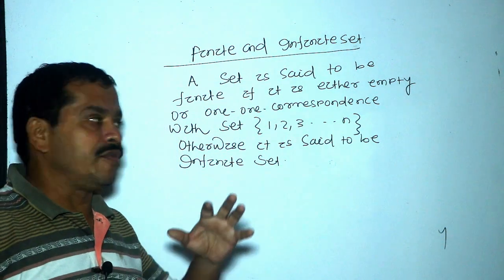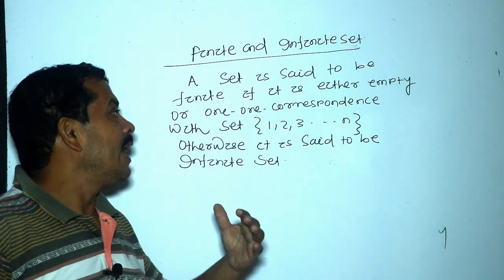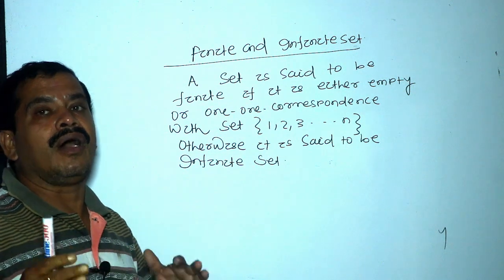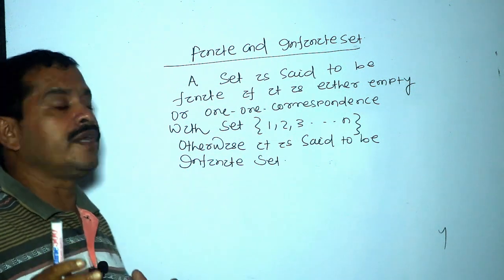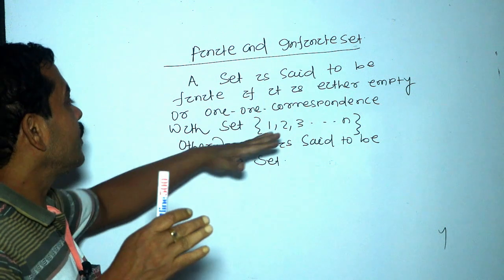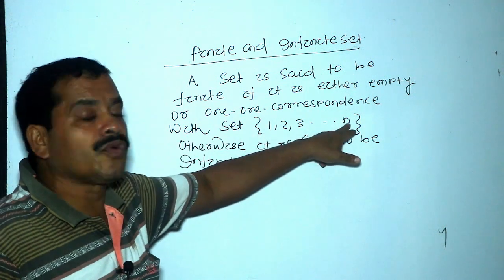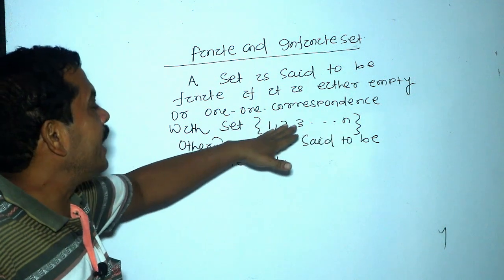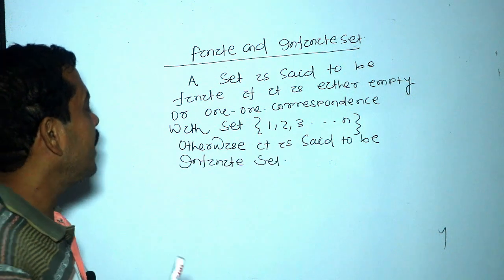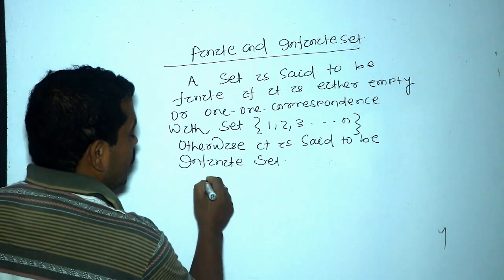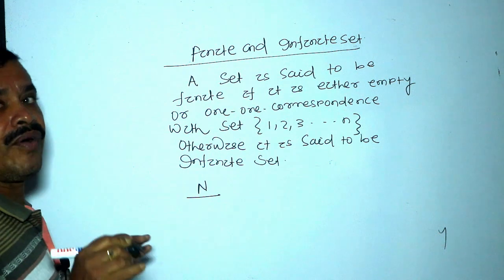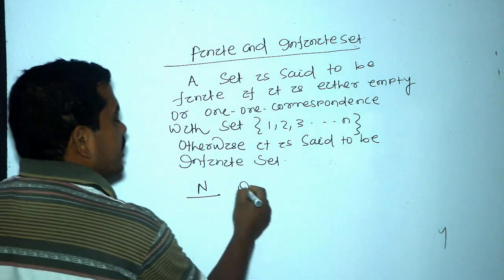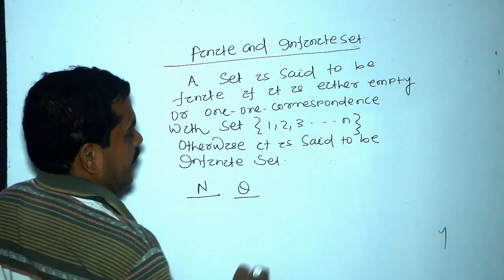A set is said to be finite if either it is empty or in one-to-one correspondence with the set {1, 2, 3, up to n}. Then it will be finite, otherwise it is said to be an infinite set. Suppose the N set, this is an infinite set. Q set is also an infinite set.